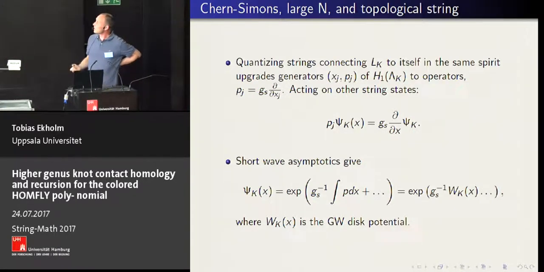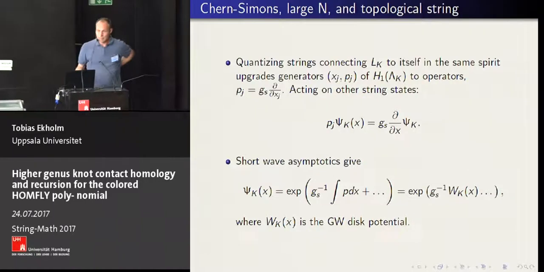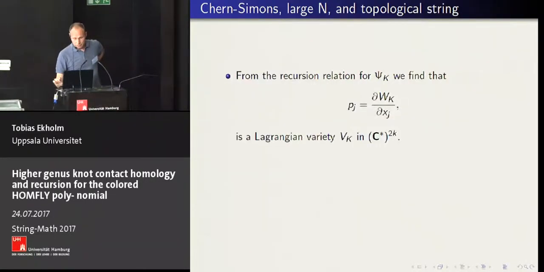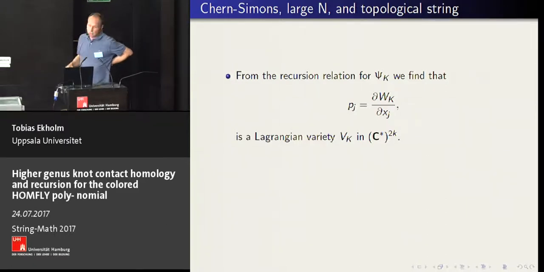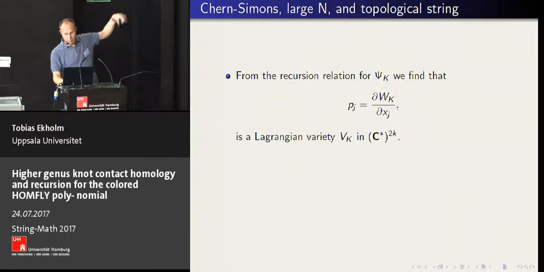So what this equation tells us is that there is a relation between the meridian variable p and the Gromov-Witten disk potential.